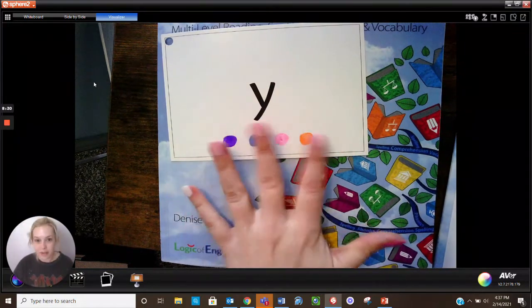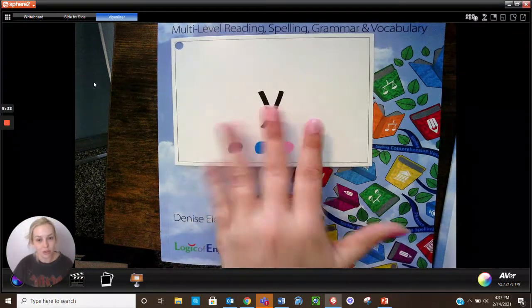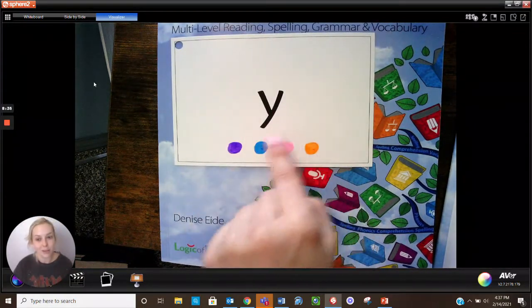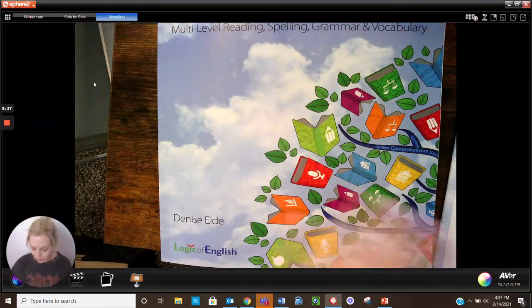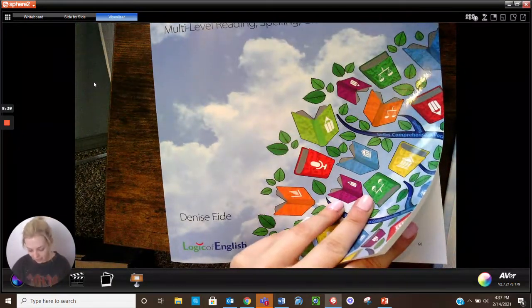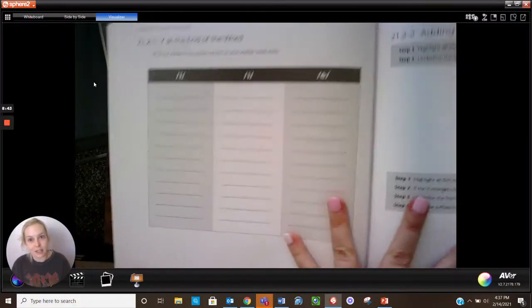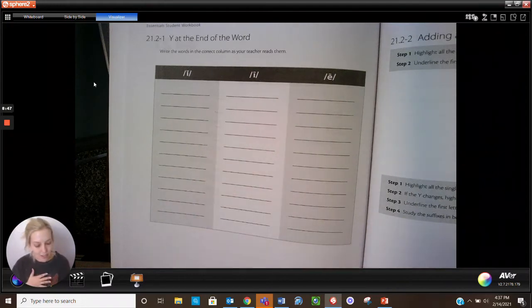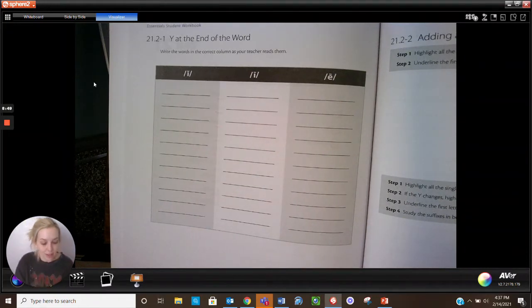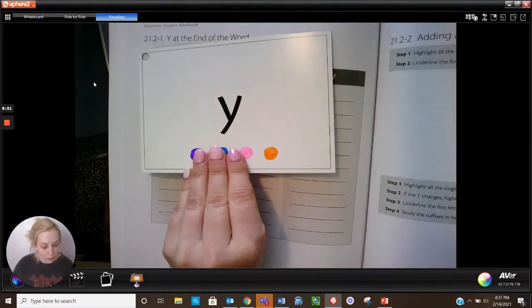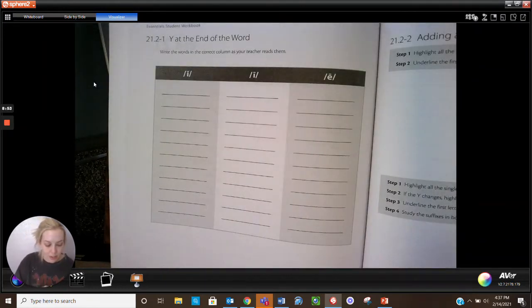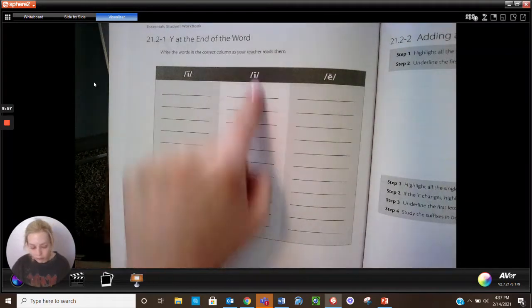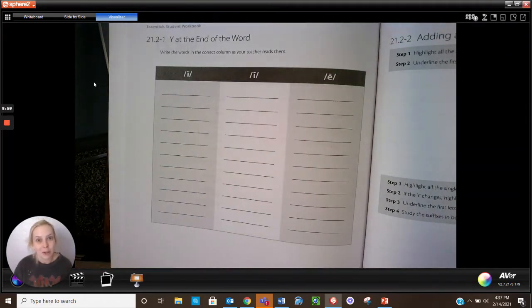So now we're going to do a workbook page that has to do with this phonogram. Turn to page 148. Y at the end of a word. So I will say a word that ends with single vowel Y. Listen to which sound the letter Y is saying and write it in the correct column in your workbook.